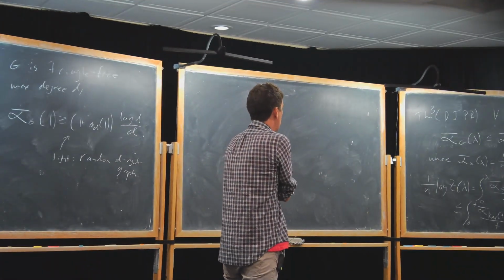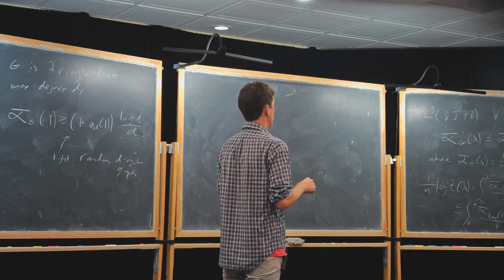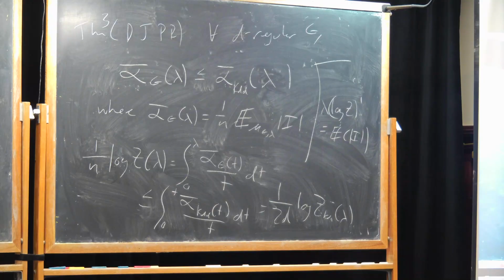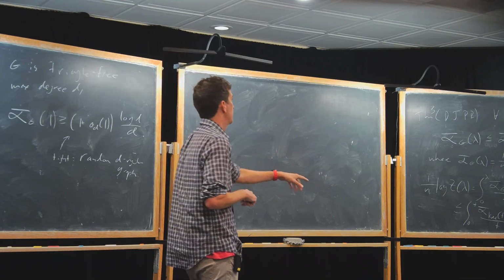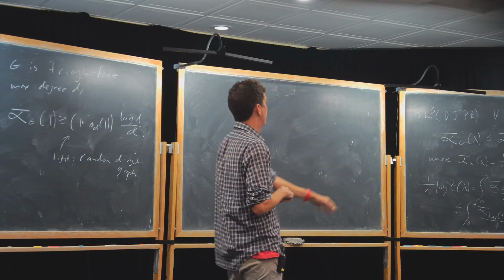OK, so what I want to do now is prove these theorems with one proof. I'm going to make one simplification, and then at the end I'll tell you how to undo that simplification. The simplification is I'm going to assume in both cases that G is d-regular and triangle free. This theorem doesn't say triangle free, but I'll tell you how to fix that.